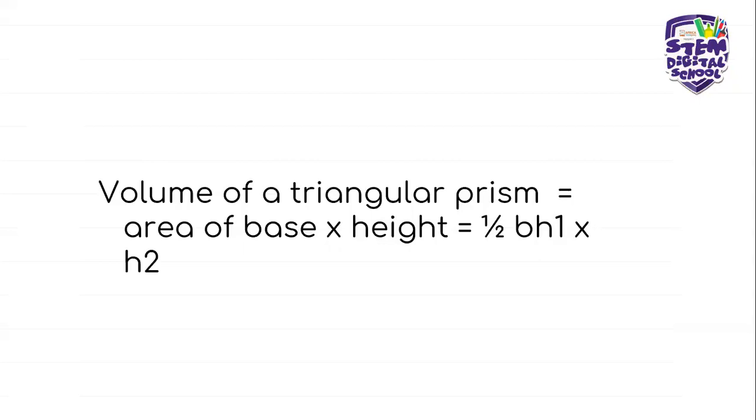So if you look at this formula now, I've said to you that the volume of a triangular prism is the area of the base multiplied by the height. And the area in this case, we said it's half of the base multiplied by h1. So the first height is height 1.